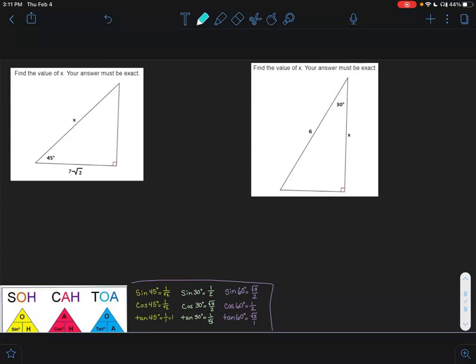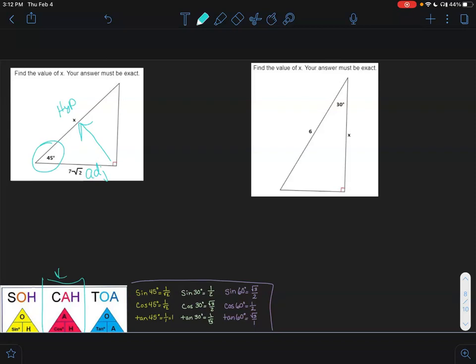All right, so for this one, we have a 45-45. And again, we're just going to base it on the fact that they give us this 45 angle, so we're going to stick with it. The side given is adjacent, and we're looking for the hypotenuse. So again, adjacent over hypotenuse is going to be our cosine values.